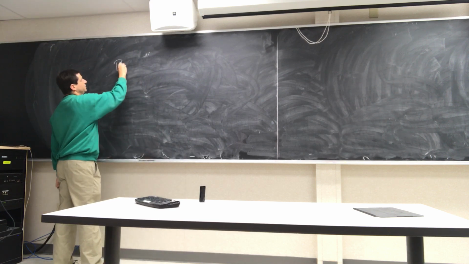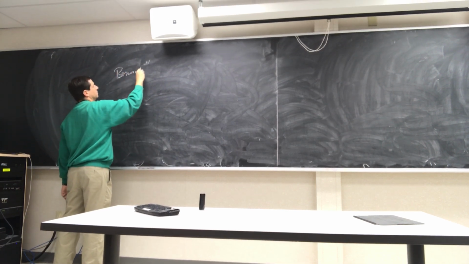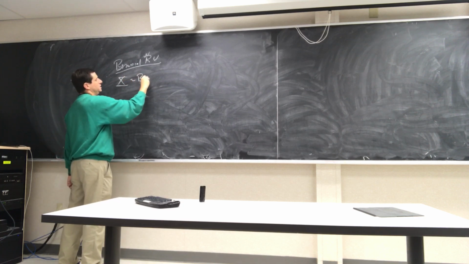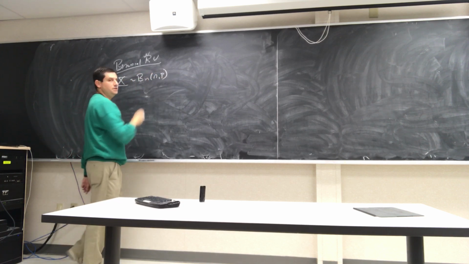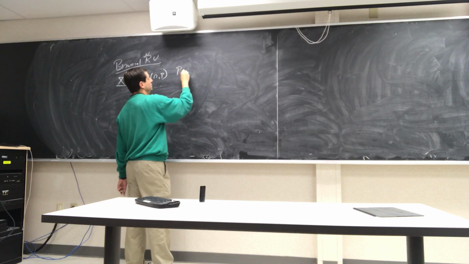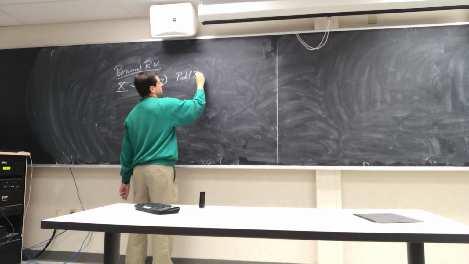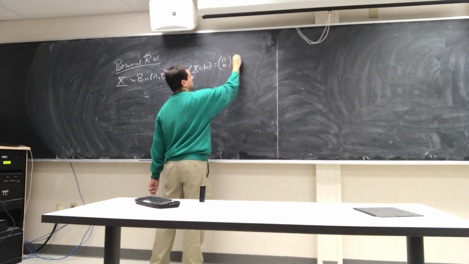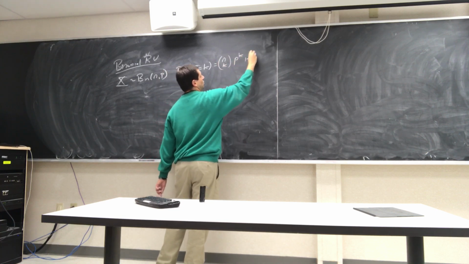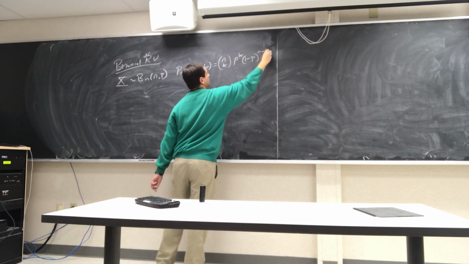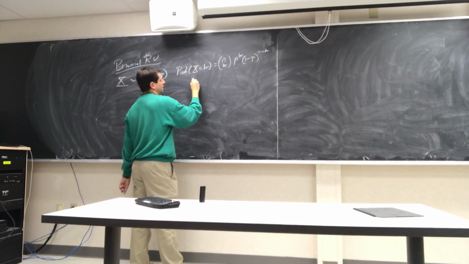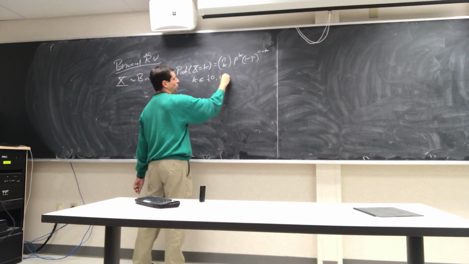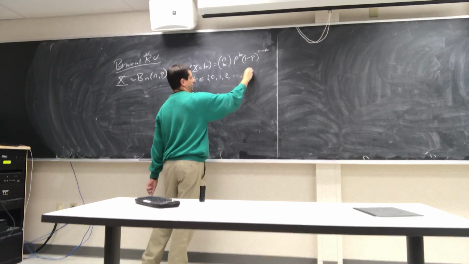So let's do a binomial random variable. We'll say X is binomial(n, p). So the probability that X equals k is n choose k, p to the k, (1 minus p) to the n minus k, and k will be in 0, 1, 2, all the way to n.